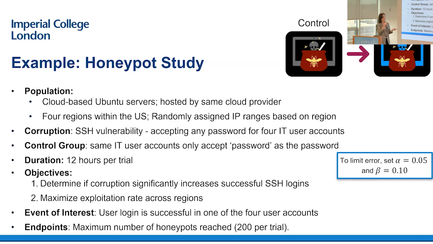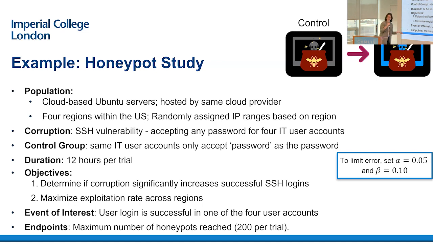So we have some assumed rate of incidents on the control group of how many times we thought it would be exploited within the trial, which we chopped into 3 stages. So it's 4 hours per stage. And we said maybe like 1% would get exploited. Then in the corrupted ones, we were like, maybe like 0.4.